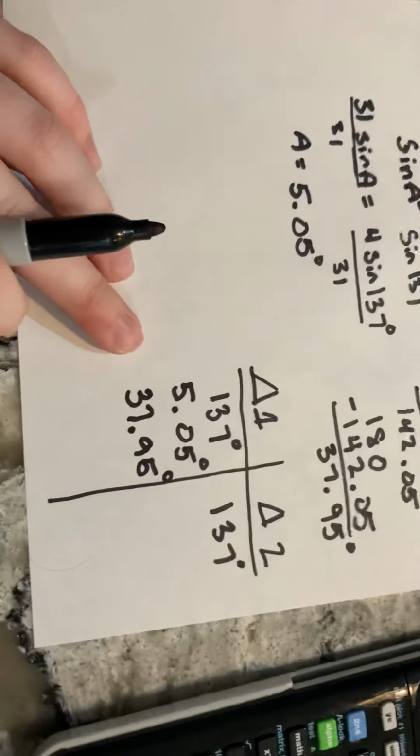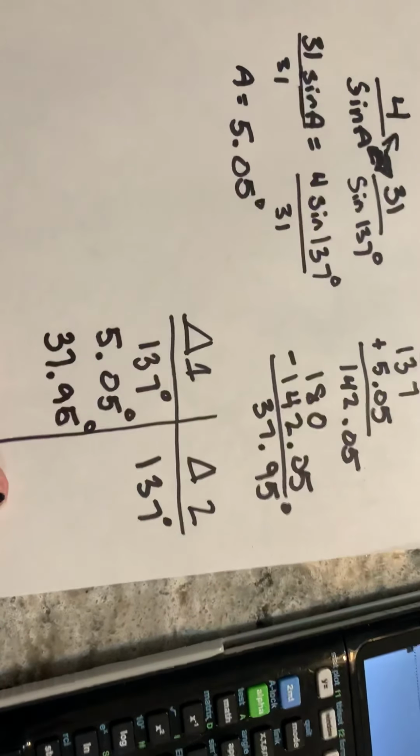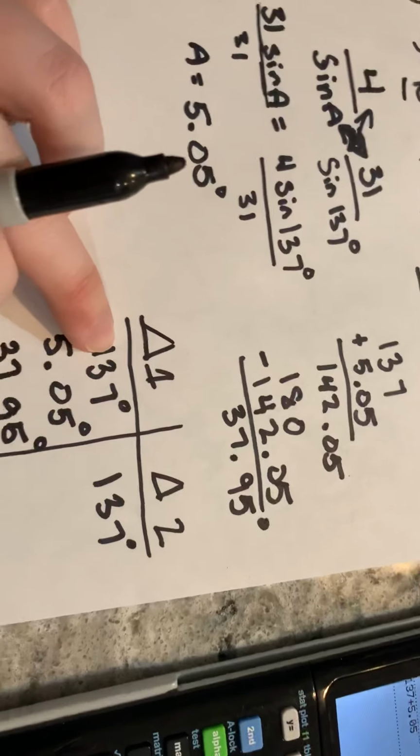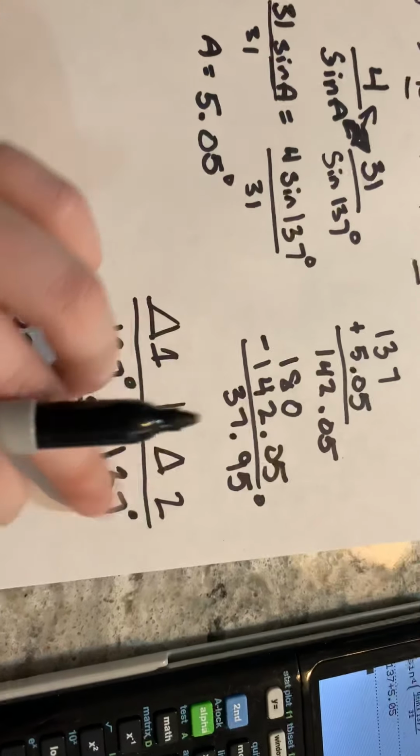Now we have to test if we're able to get a second triangle. So what you have to do is you always have the first angle that you're given. That has to be in both triangles.